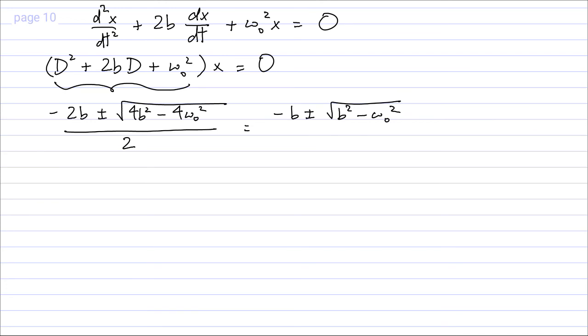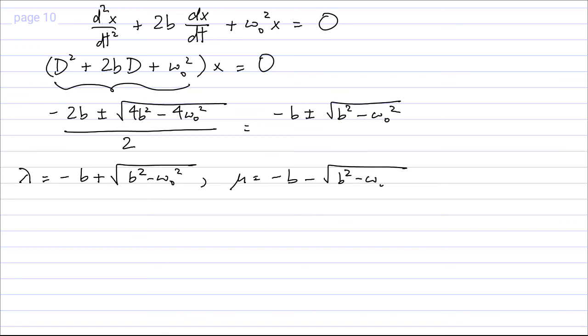So that's essentially very good. One of the roots I called lambda. I'm not using a and b because I'm already using b for the damping coefficient. So lambda is minus b plus the square root of b squared minus omega naught squared, and mu is minus b minus the square root of b squared minus omega naught squared.